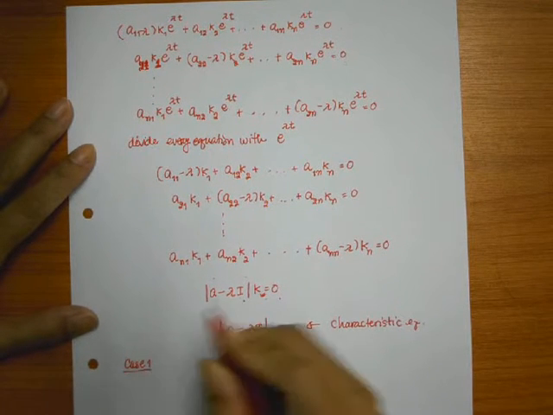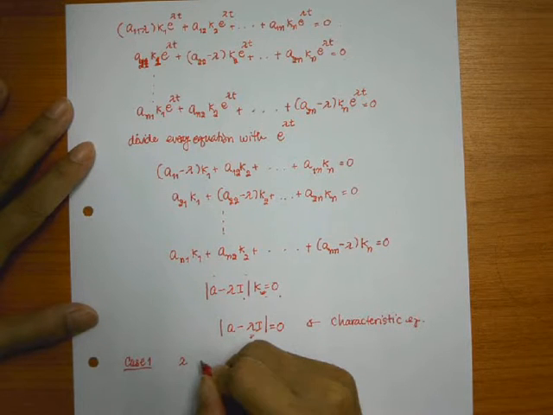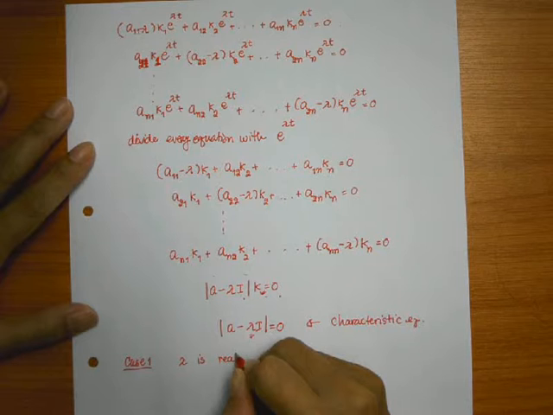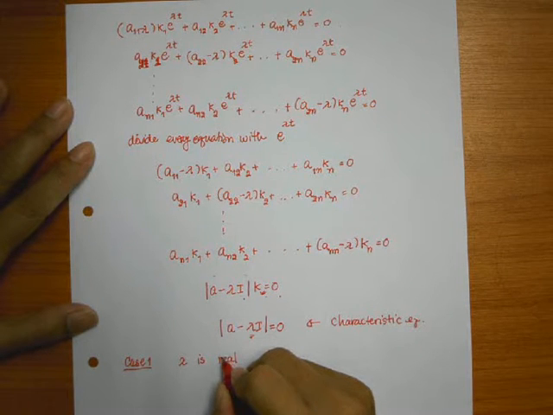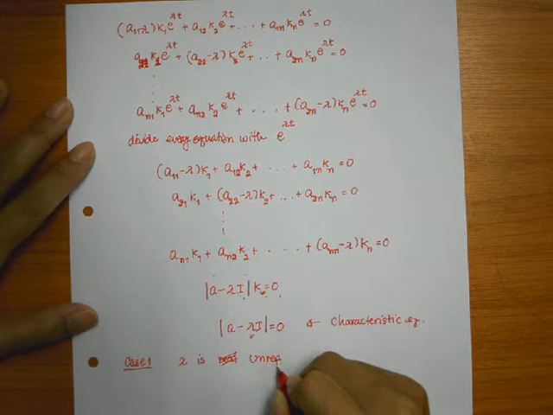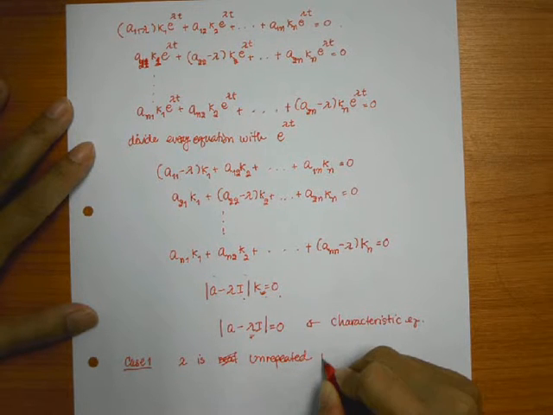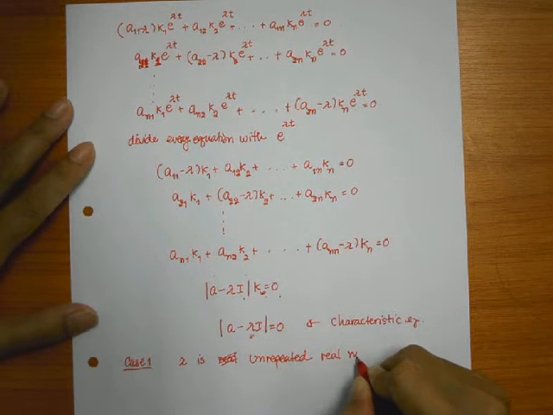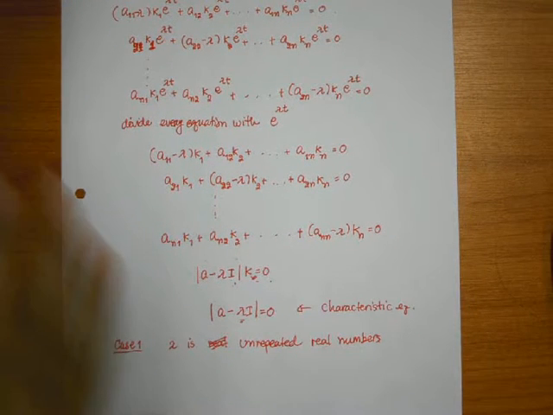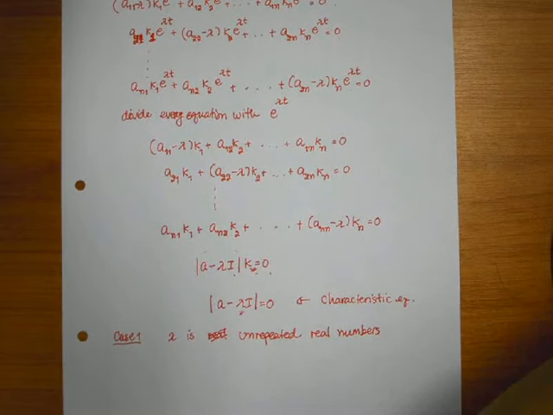Okay, and case 1 is when lambda is a real number. I would say it's an unrepeated real number. Okay.